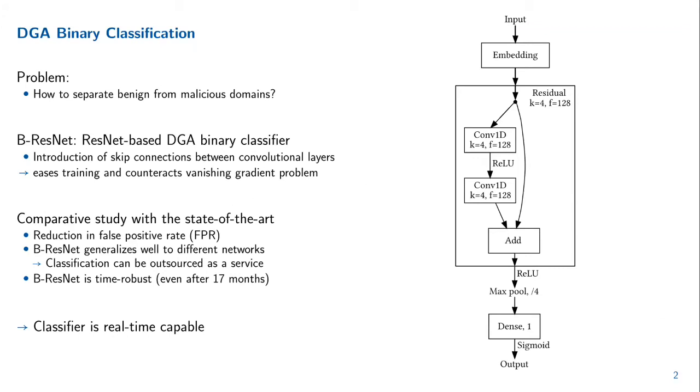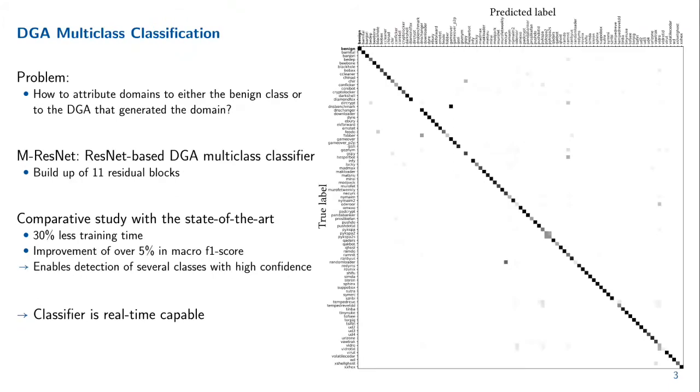And as I said, we ensure that the classifiers are real-time capable and scalable. We did a real-world test in which we classified a 1 month recording of a very large network, and it was real-time capable.